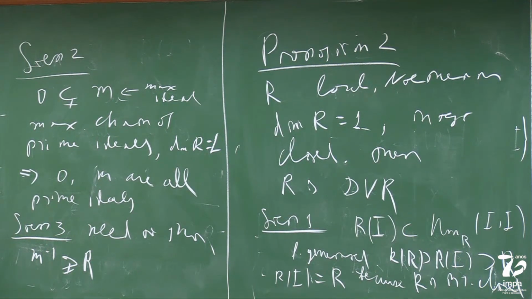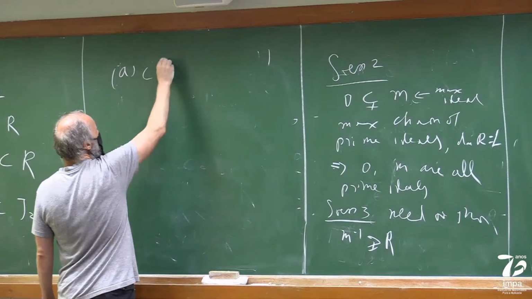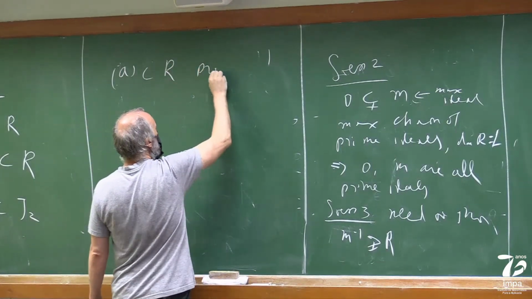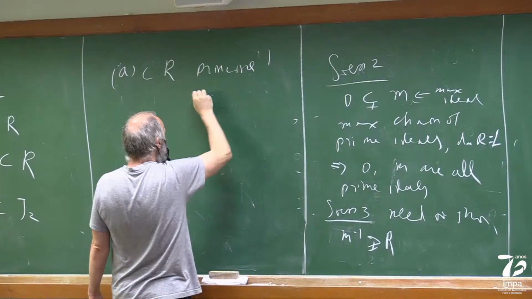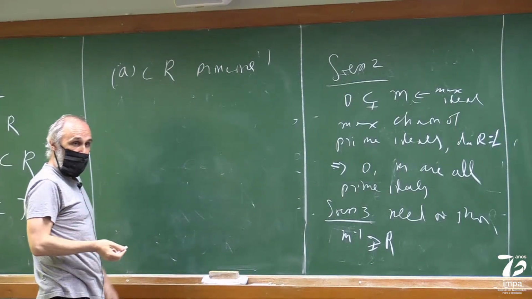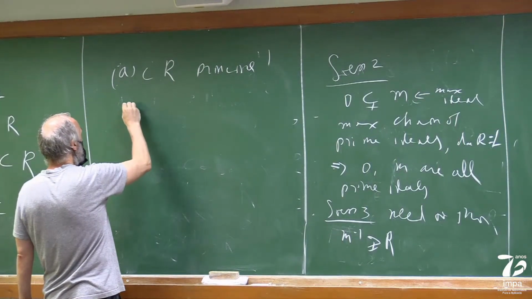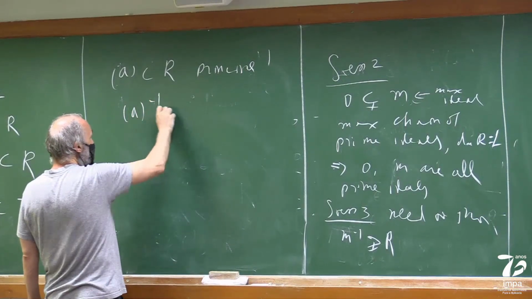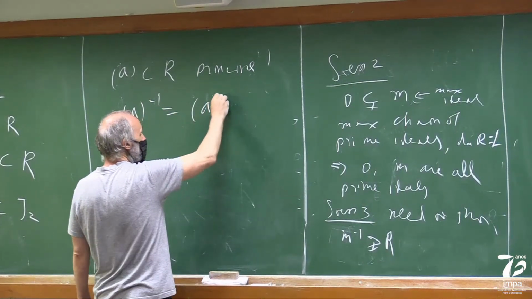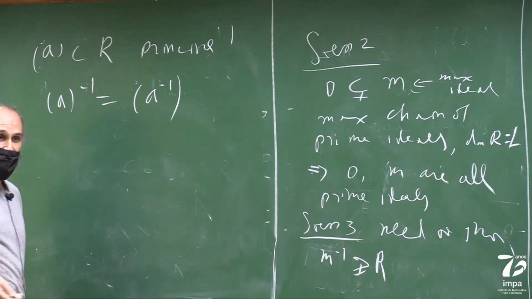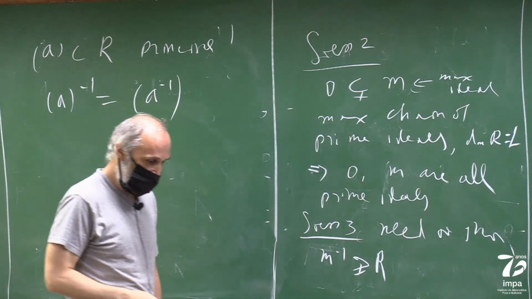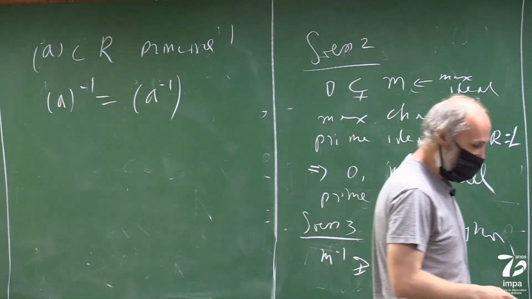First observation: if you have a principal ideal A inside R, and A is obviously non-invertible, then this ideal inverse is generated by A inverse. More or less by definition.